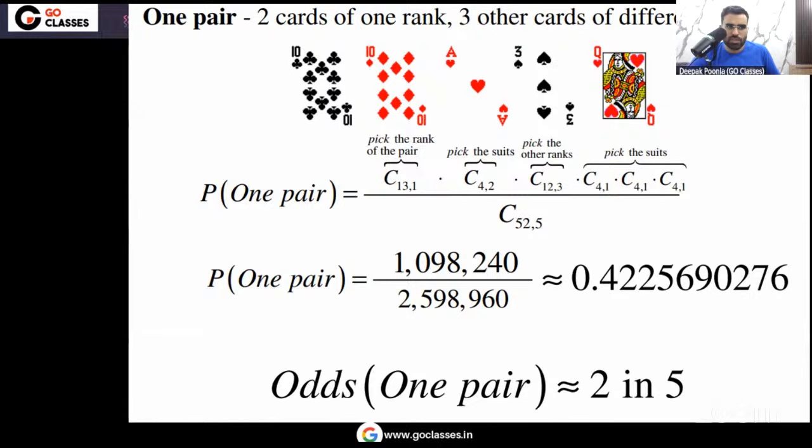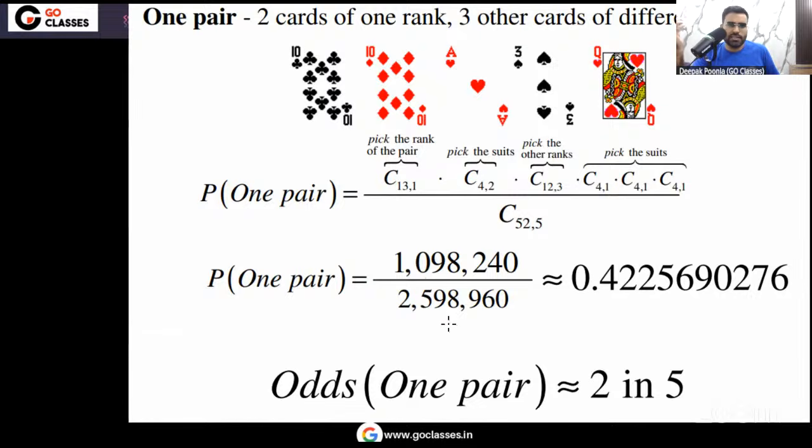Okay, here you can notice one very interesting thing, that the probability of getting one pair poker hand is approximately 0.4225, something like that. If you see this probability, what it actually means is the odds that you will get one pair poker hand if you are playing the poker game.